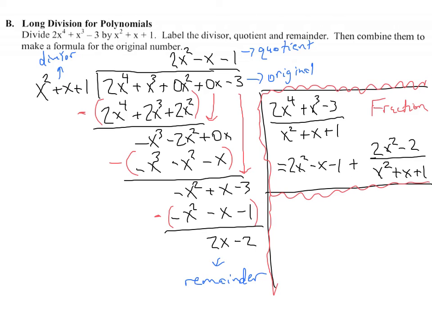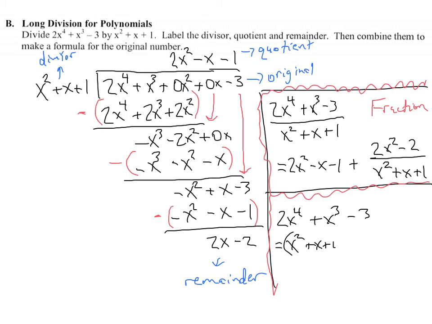Polynomial form would look something like saying we took the original 2x to the fourth plus x cubed minus 3, and that is going to equal, I don't know if I can fit all this in here, but we're going to try, the divisor, which was x squared plus x plus 1.